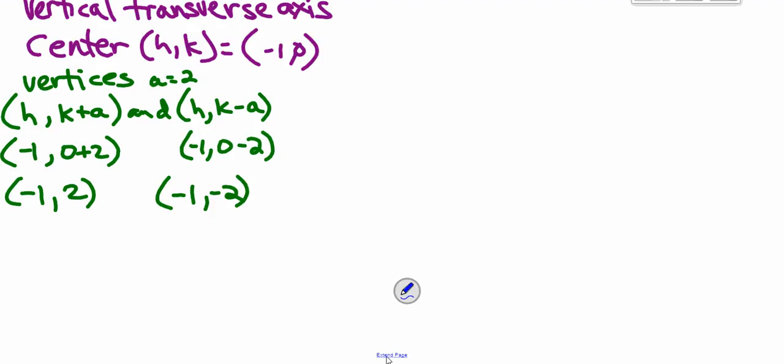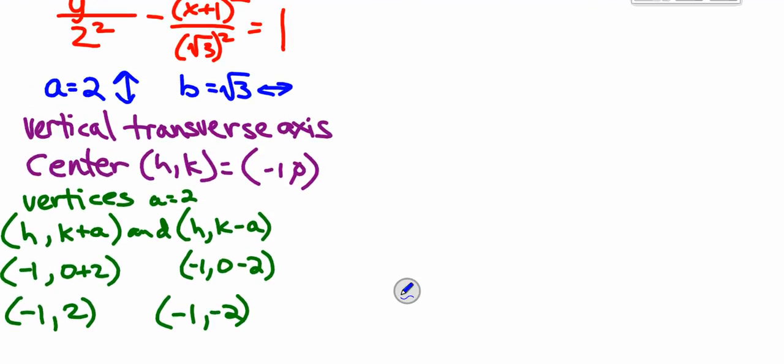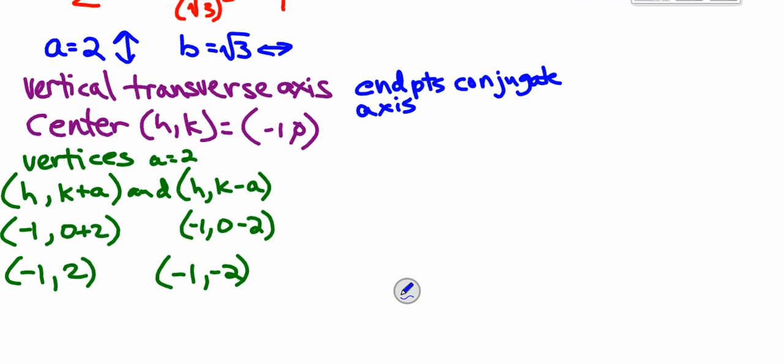The next thing I want to figure out is the endpoints of my conjugate axis. For that, b is equal to the square root of 3. So those are h plus b comma k and h minus b comma k.